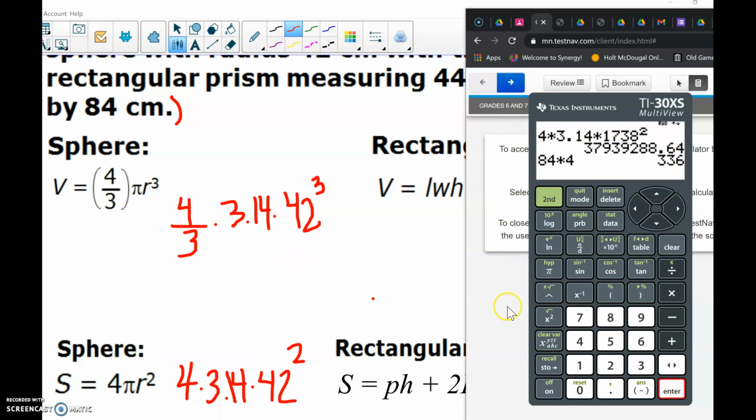Alright, so I'll do the sphere first. 4 times pi times radius cubed.